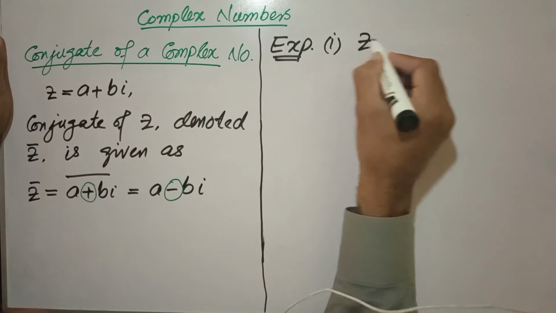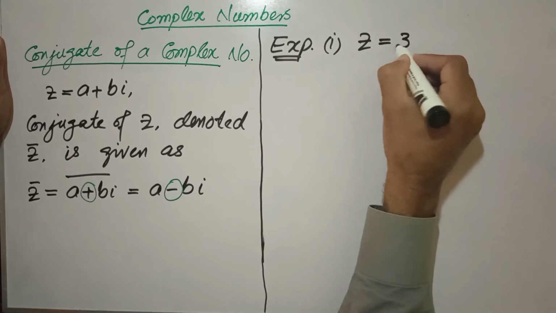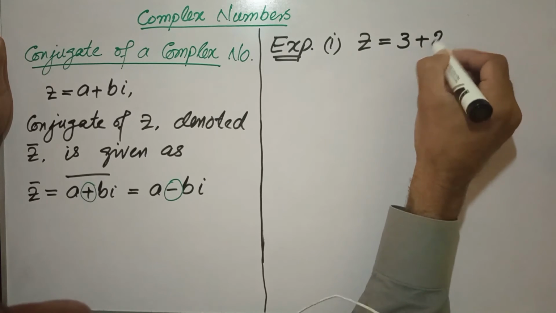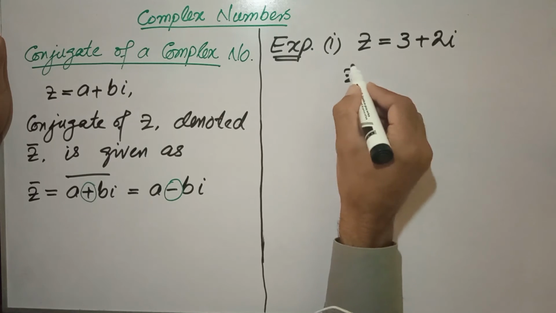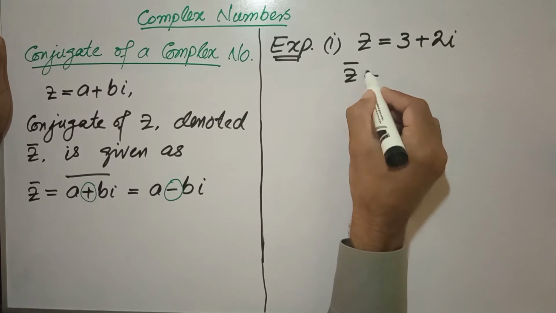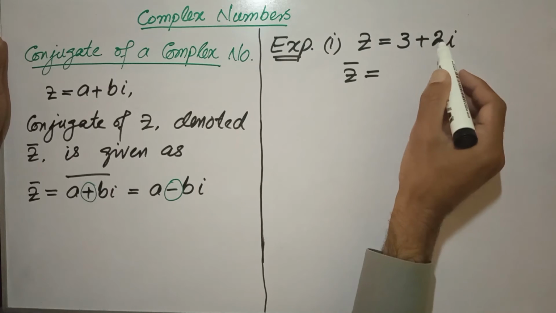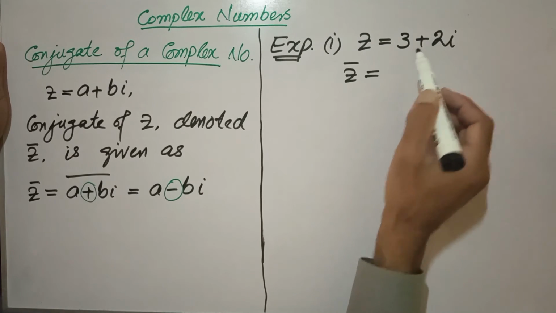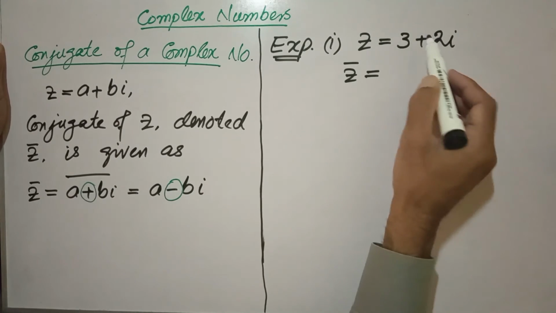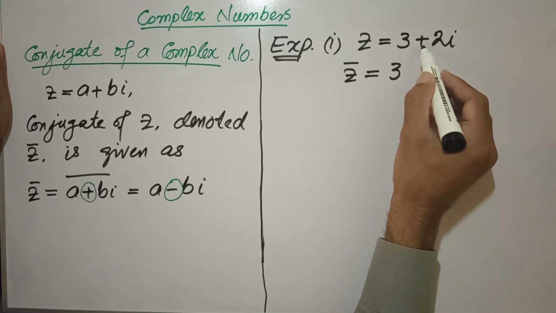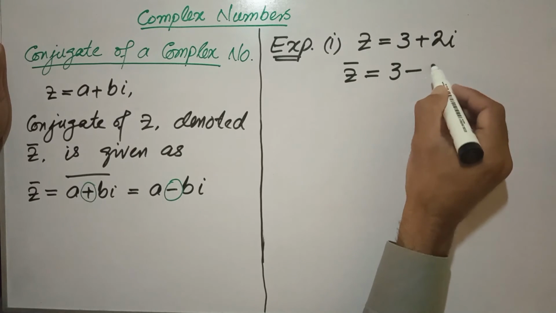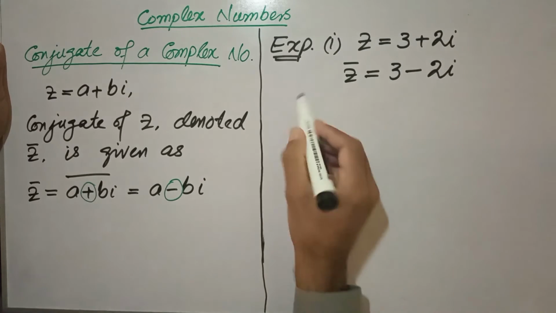Let's consider some examples. If we have a complex number 3 plus 2 iota, then its conjugate is given as z bar. We can write the conjugate of z directly without writing a bar over this number. That is 3, and we'll take the additive inverse of the imaginary part. This is positive 2, so we'll get negative 2 iota.